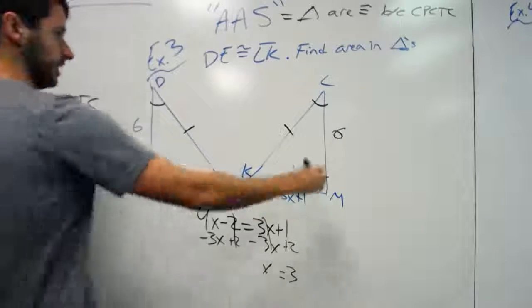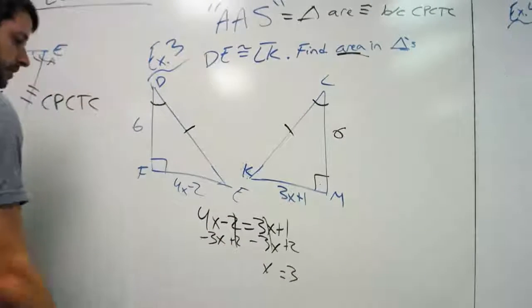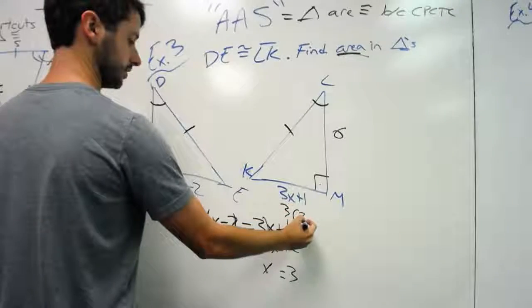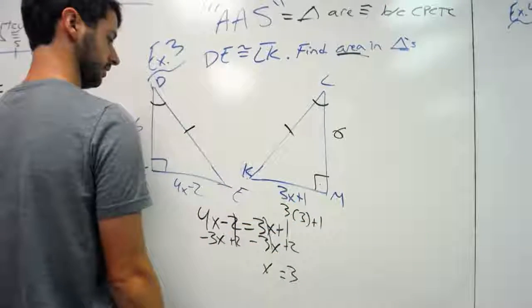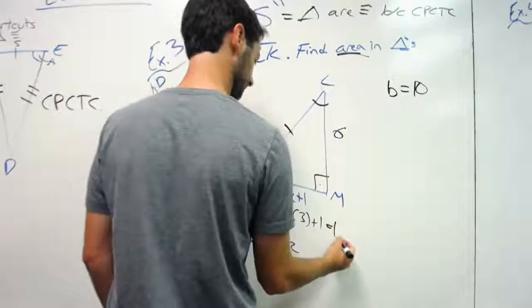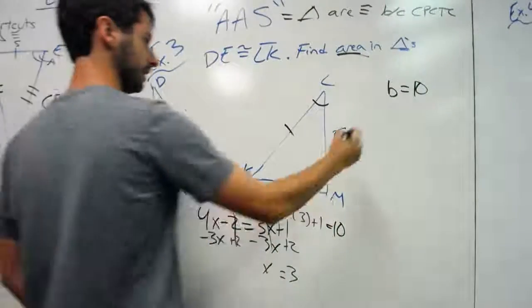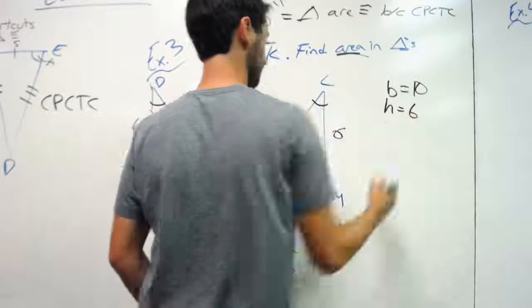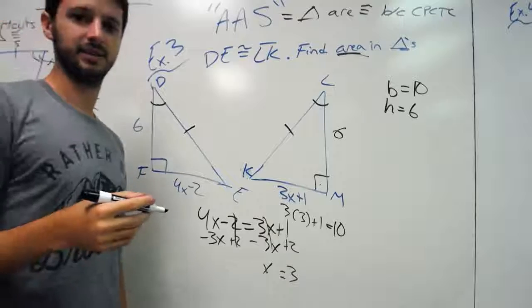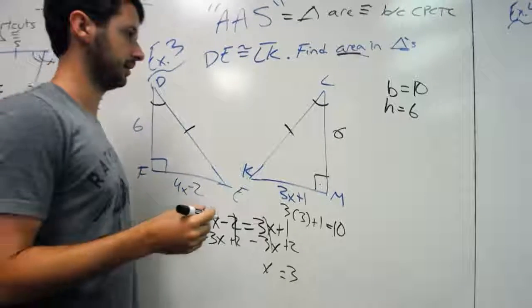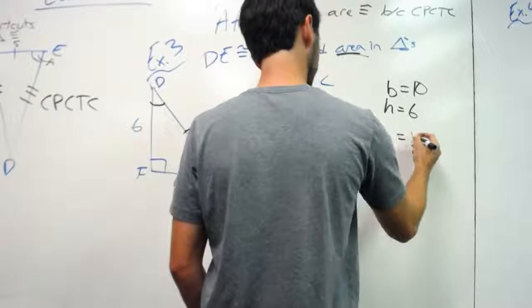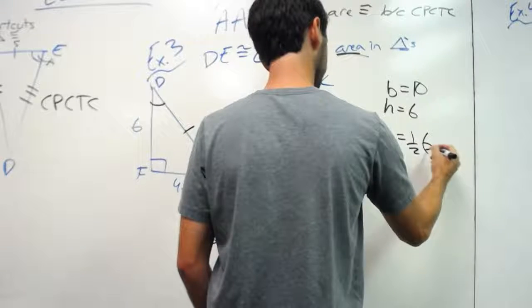What it wants to know is the area. So we've got to plug that back in. I'm going to plug it in here: 3 times 3 plus 1. So your base is 10. And your height is 6. Since we know the base and height, we can use our triangle area formula of 1/2 base times height.